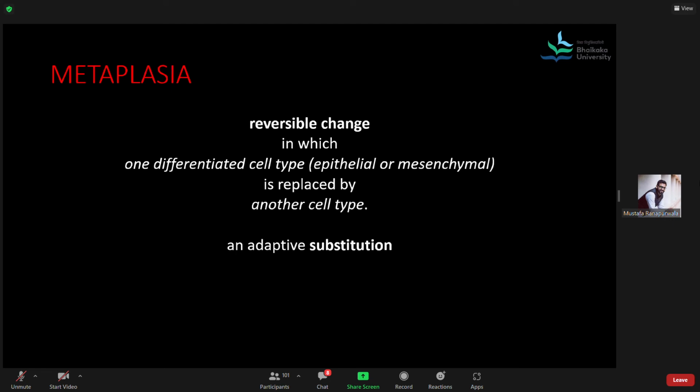One type is replaced by another type, but it is not as if the change is occurring in the differentiated cell type. No, it's not as if the squamous cell is changing itself into a columnar cell. Rather, it is because of the change in the stem cells located at that particular place, which causes the stem cells that were initially giving you, let's say, squamous epithelium, to now shift towards giving you columnar epithelium, right?